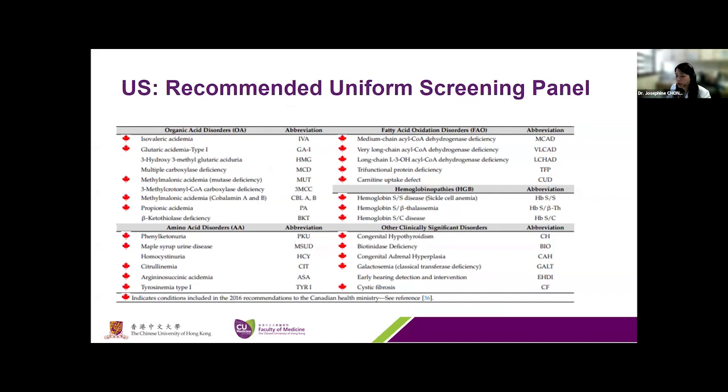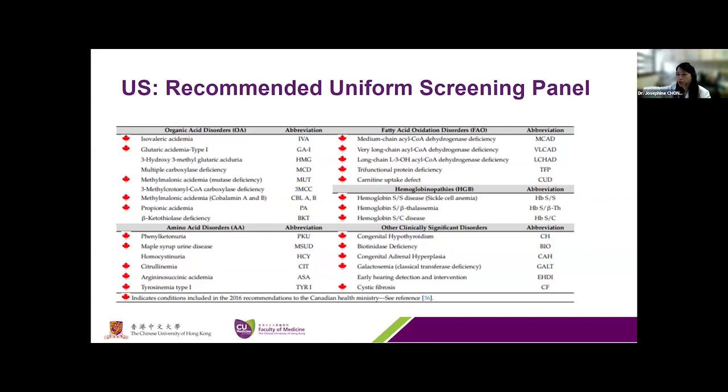You can see there are 29 conditions, and there are also different add-on conditions after this uniform panel. But in different developed countries, because of different considerations, such as the local healthcare system, affordability, cost effectiveness, the incidence rate in that locality, ethical issues, and insurance issues, the range of items listed in the newborn screening panel varies a lot.